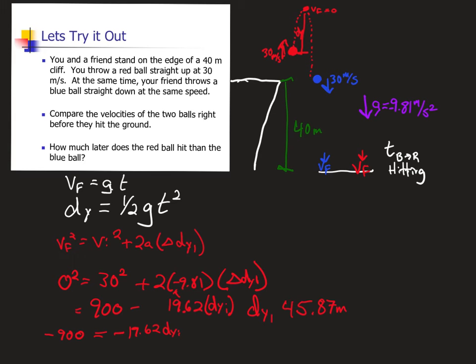But here's the thing: once they get to the same height, they're going to fall that same amount of time. But remember, the blue is going down first. The red has to go up, then down. We can solve for that time using the 1/2 g t squared.